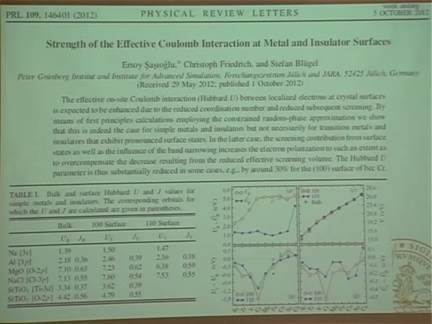But it turns out that for some materials, I don't remember which one, I think it is this one here, if you calculate the difference between the surface and the bulk U, it's negative. So the U at the surface turns out to be smaller than the U in the bulk. So that's an interesting effect.